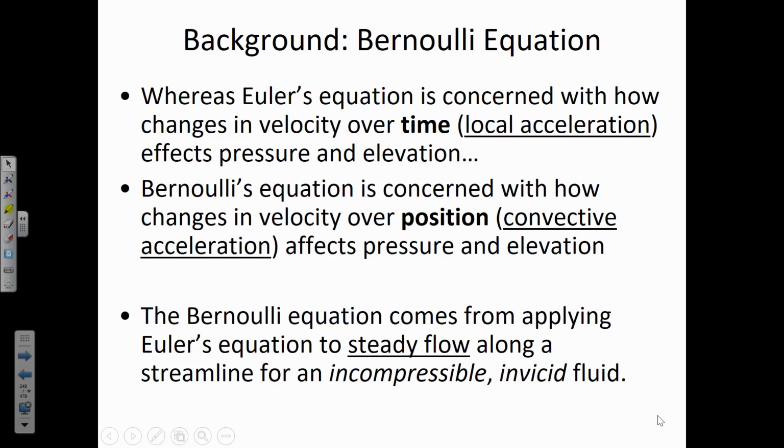So when we apply location 1 and location 2, this formula is saying we want to look at how conditions are changing at two different locations. They have to both be on the same streamline for us to accurately apply this equation. We couldn't say that we want location 1 to be on one streamline and location 2 to be on another. We have to apply it along the same streamline.